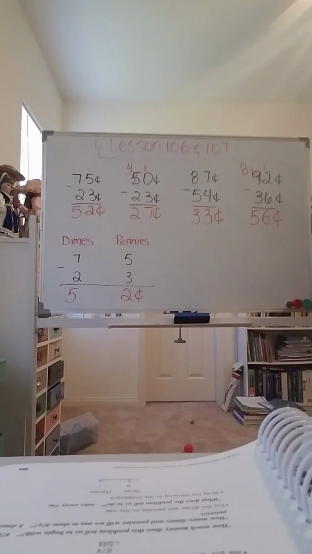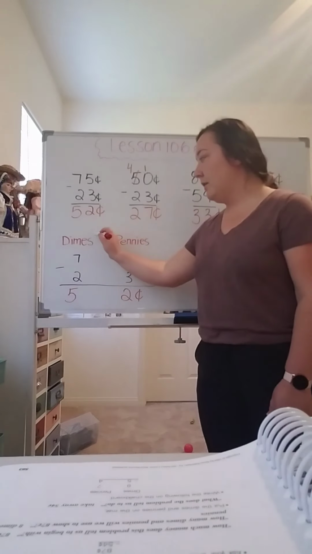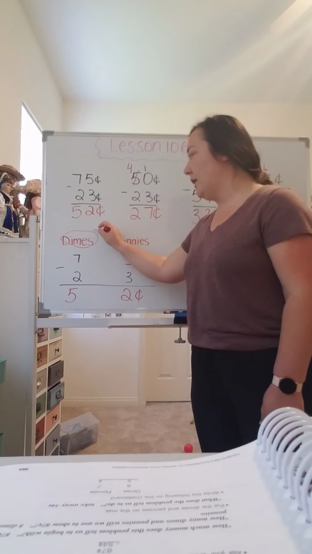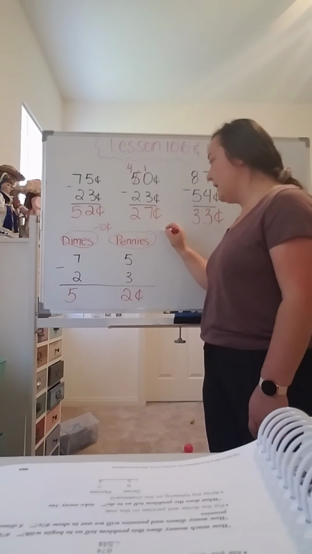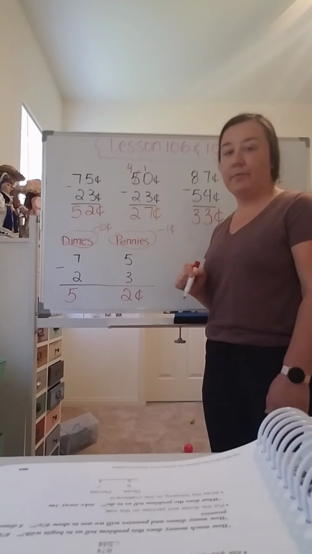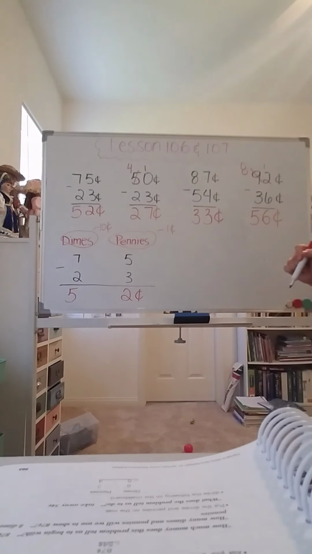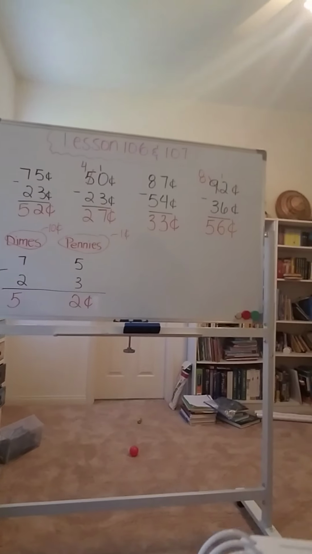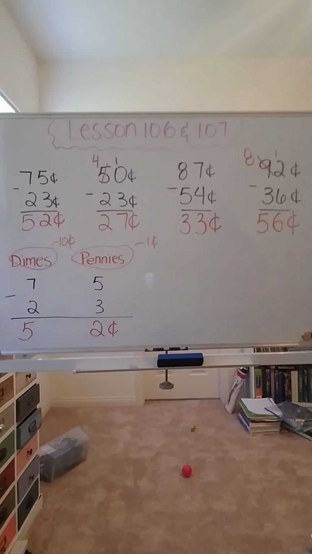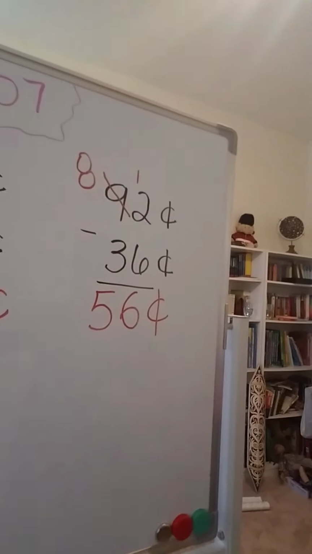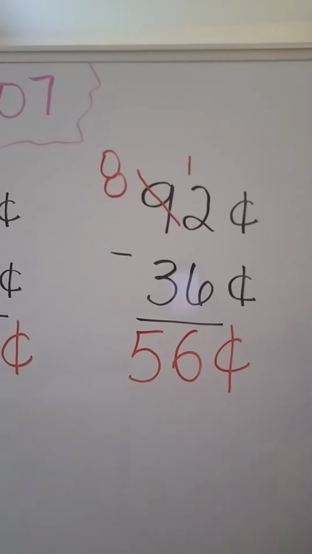Now we have to remember that a dime is worth 10 cents and a penny is worth 1 cent. Okay? All right, so I'm going to take the camera and move it closer for you to see the board. I want to come back to this here.